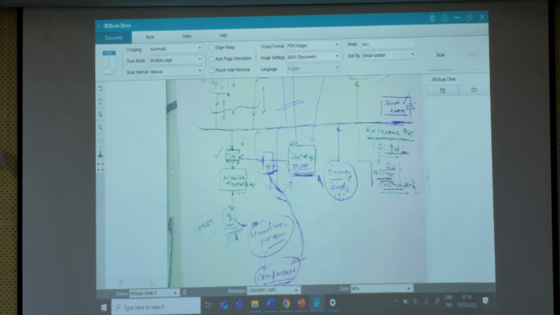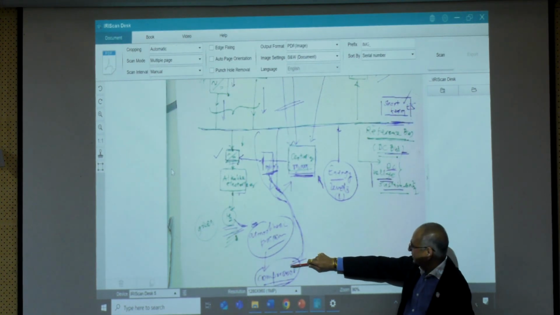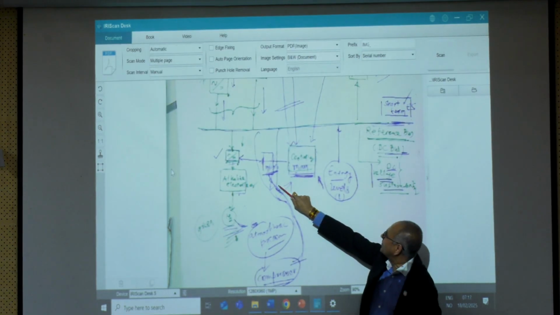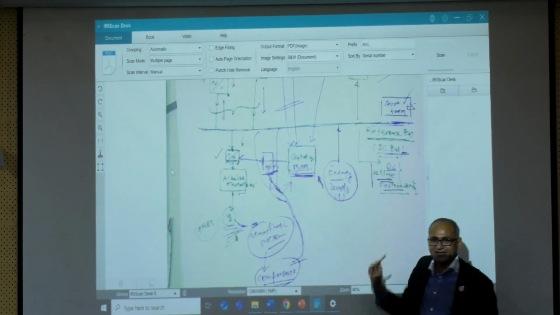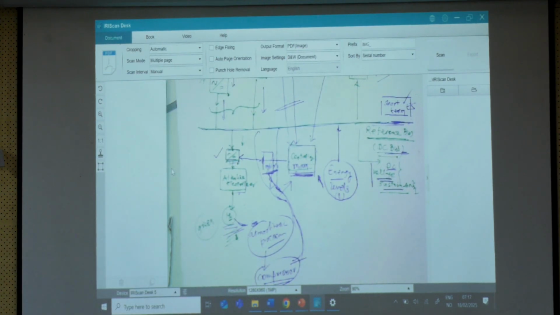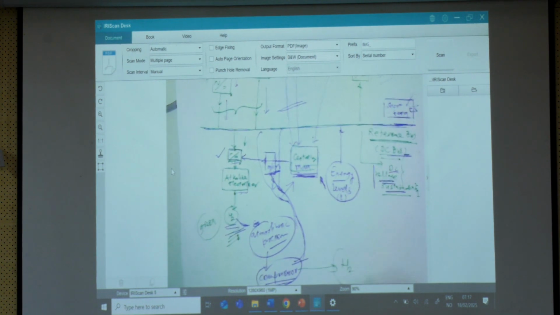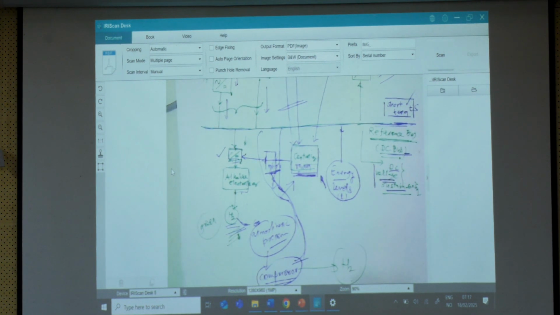And then we also need to include the energy consumption of the compressor, so accordingly we can estimate how much hydrogen is going to be produced after compression.